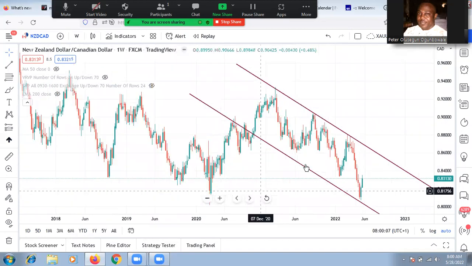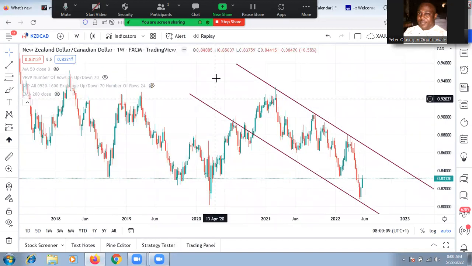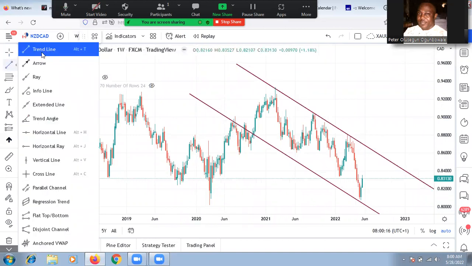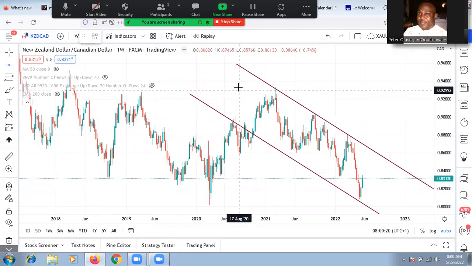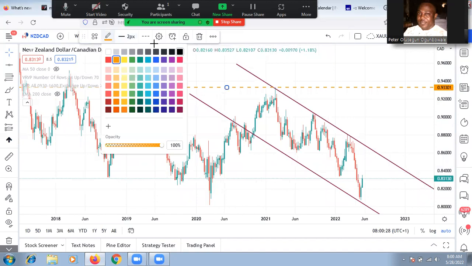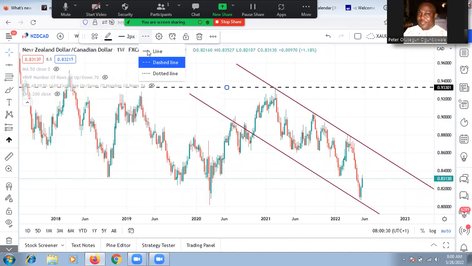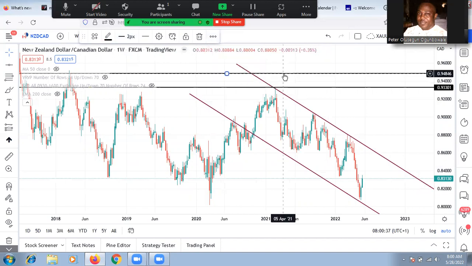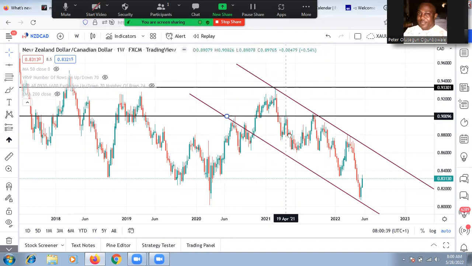I'm in a buy already, but it's just a pullback. This is the upper limit so far, and this is the lower limit for now, where the price recently had reached.